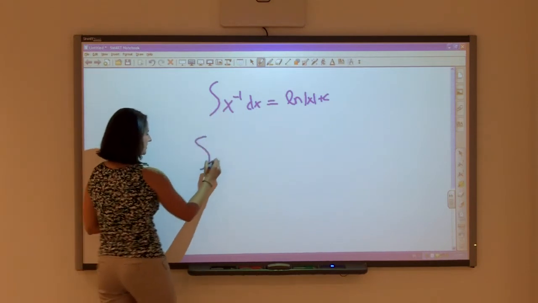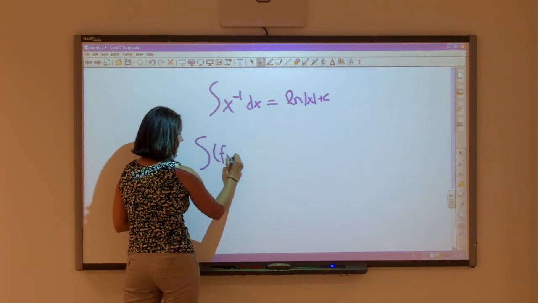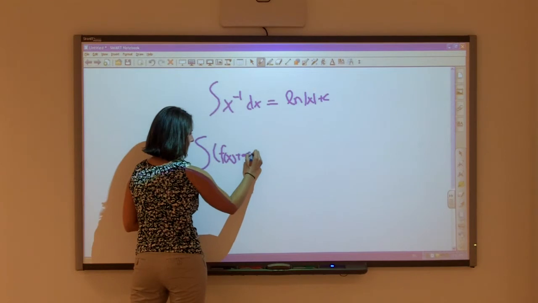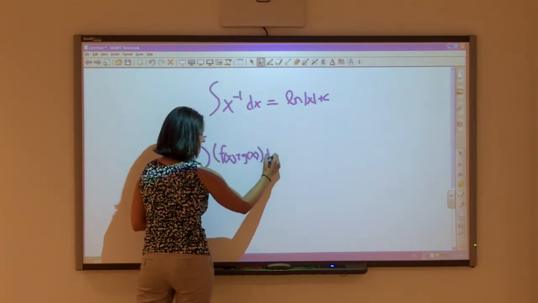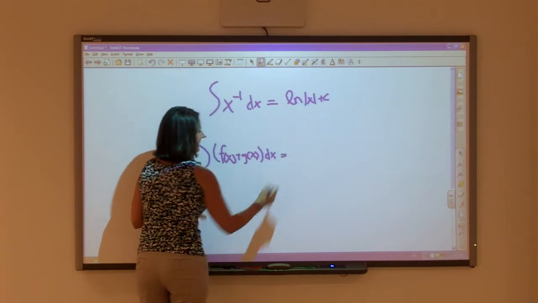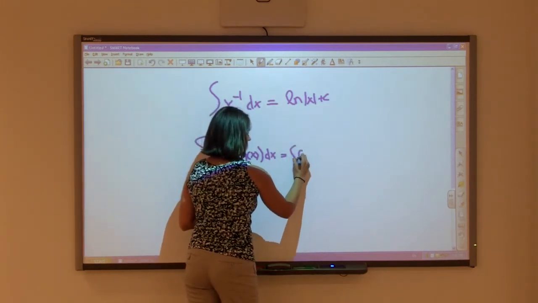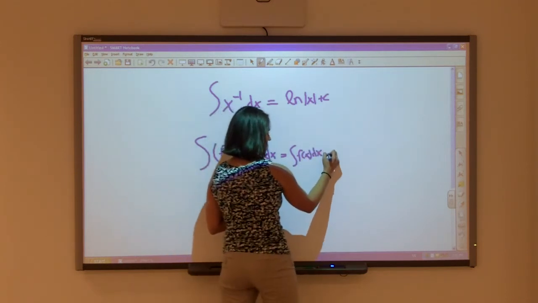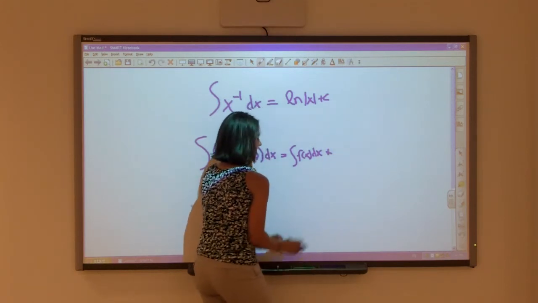So if you're taking the integral of two separate functions added together, that's the same as saying you're taking the integral of each function separately and adding those together.